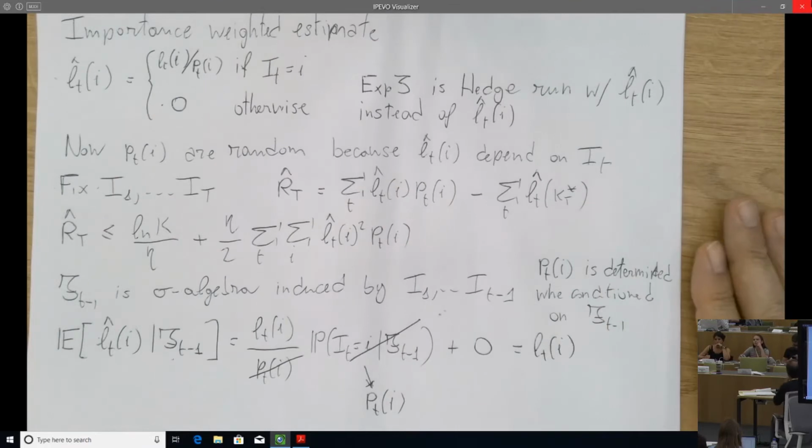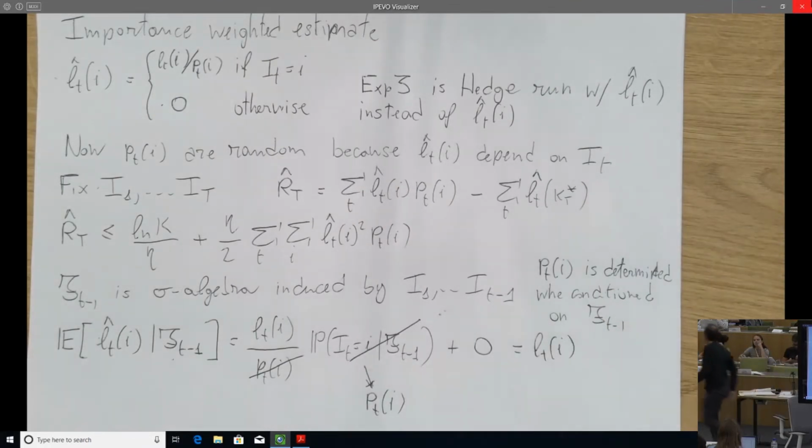Okay, any questions here? Yes? No, it's conditioned. I conditioned it on the past. The past matters, yeah. The probability, as I said, you compute the probabilities based on the past realizations.